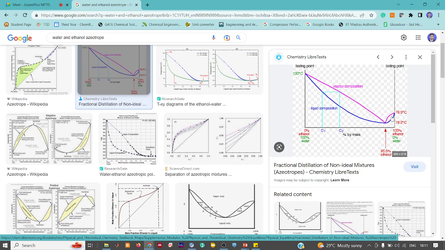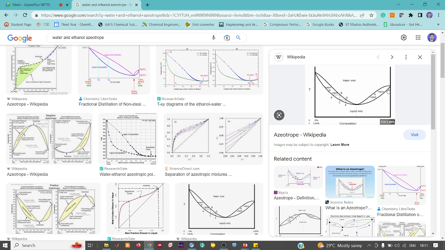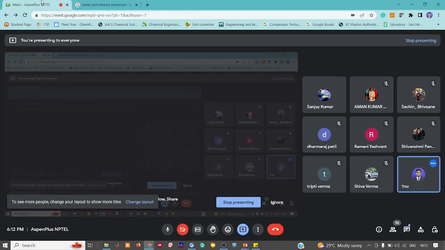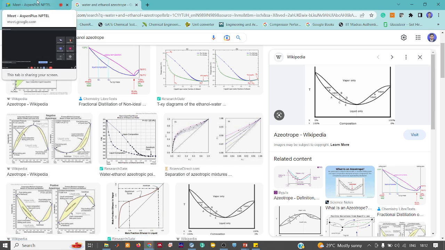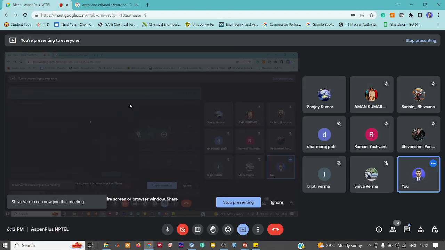So it's a homogeneous azeotrope. This is another example of a homogeneous azeotrope. So in this case, how do we separate the two phases? How does it help? Can you explain the process? How by changing the pressure can we separate?